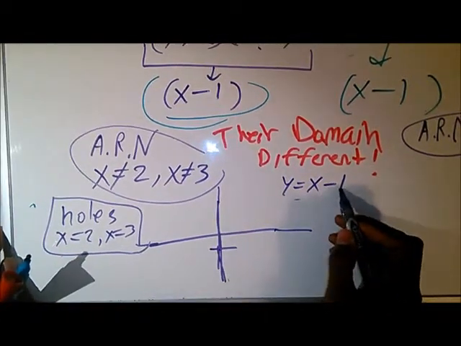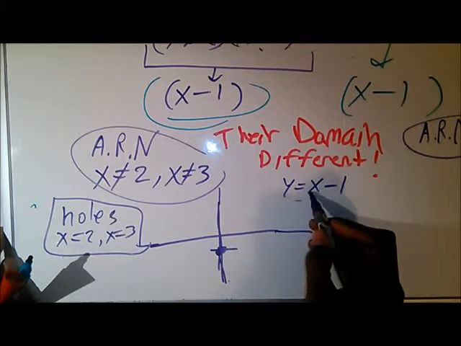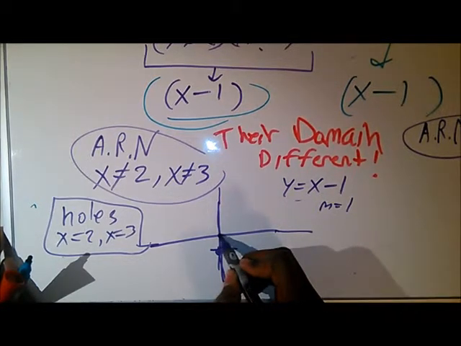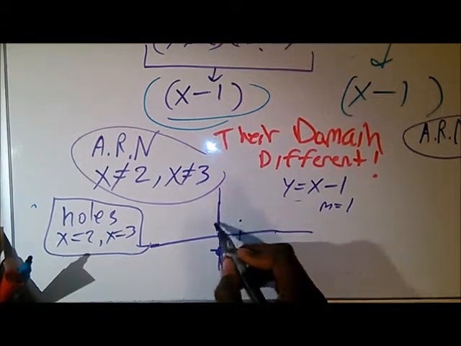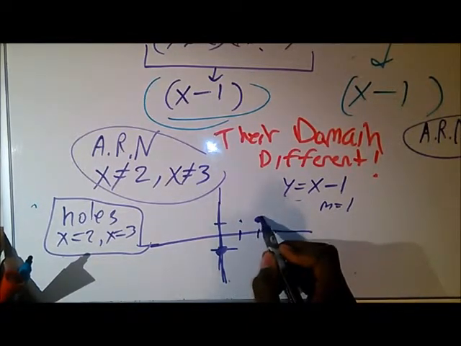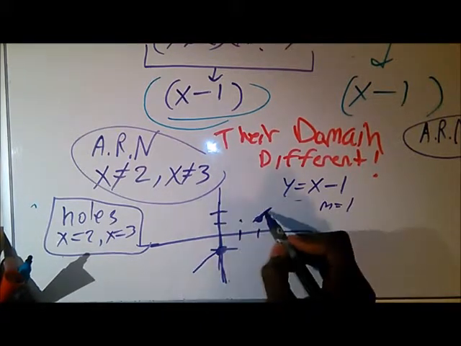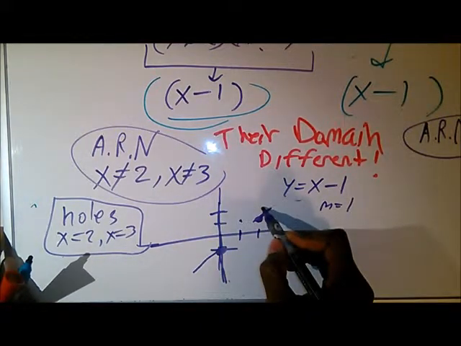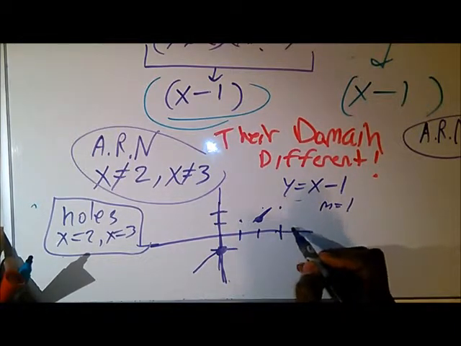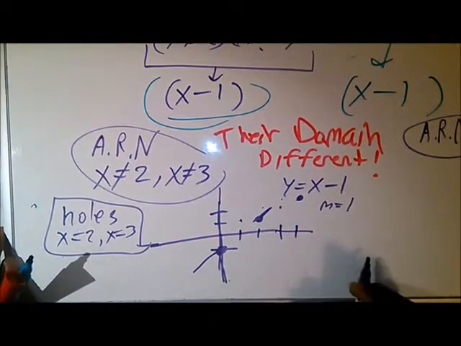So the y-intercept is negative 1, and our slope is 1. So we go up 1, across 1. Up 1, across 1. Then we draw the line. Then we go up another 1, then across 1, which is 3. These will be our dots here.